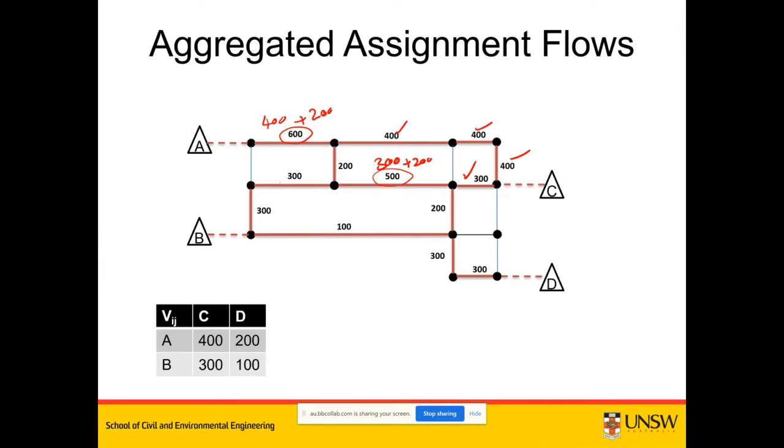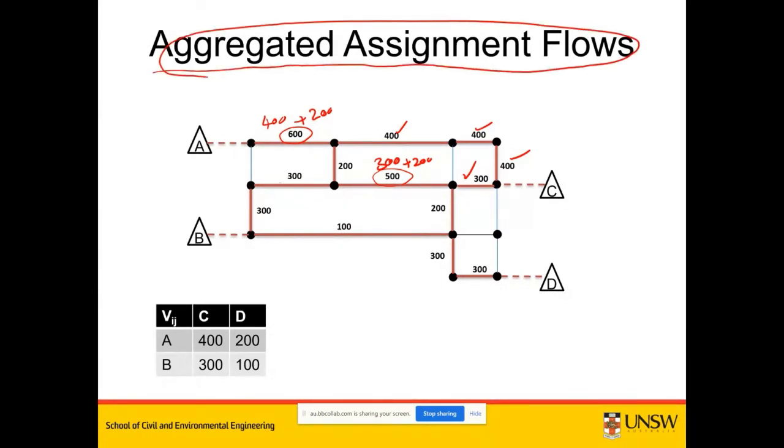So the only point I wanted to make here is, how do we get these aggregated assignment flows? What we did here is we started with path flows, and from path flows, we get the link flows.